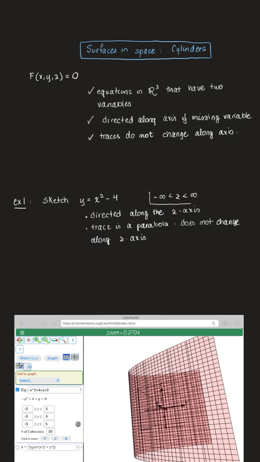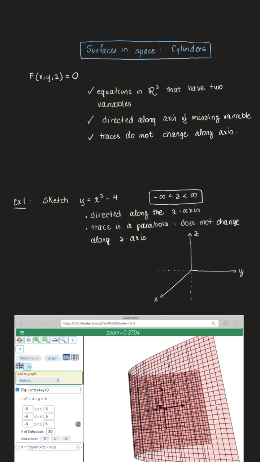That's the missing variable. So I'm going to do a very tiny sketch on the side here, and then I'm going to show you on Calplot 3D what this cylinder looks like. So just on the right here, I'm going to put the x-axis coming towards us. Here's the y-axis and the z-axis. And I'm going to sketch this parabola on the xy plane.